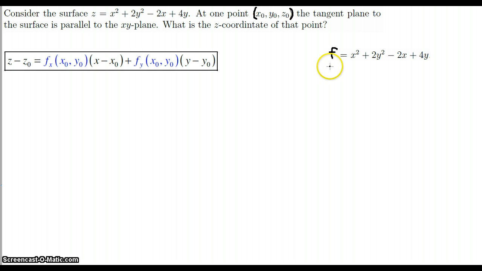The f here is the function x squared plus 2y squared minus 2x plus 4y.